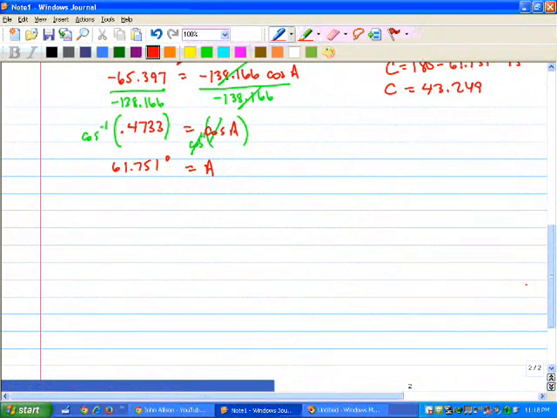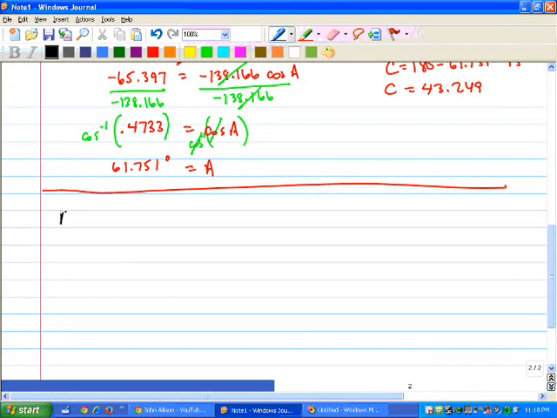We can also use the law of cosines to solve a triangle when we're given three sides. Let's say we're given that sides of a triangle are side A is 7, side B is 12, and side C is 9.